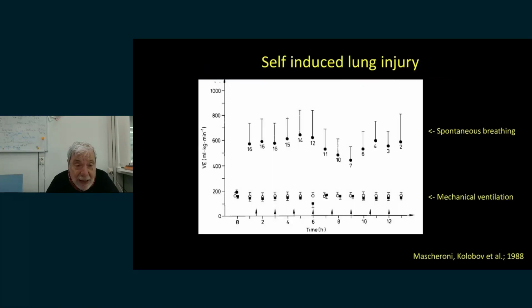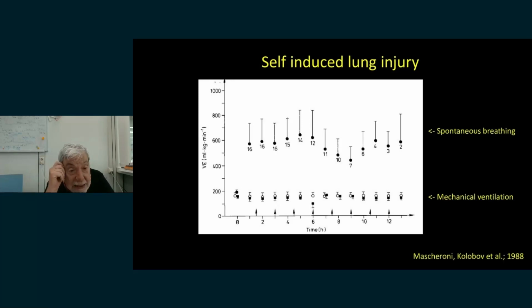Now, this is an older study which was done by my mentor, Dr. Kolobow. Kolobow was a genius, a man who invented the spiral coil membrane lung, which was used for at least 30 years.